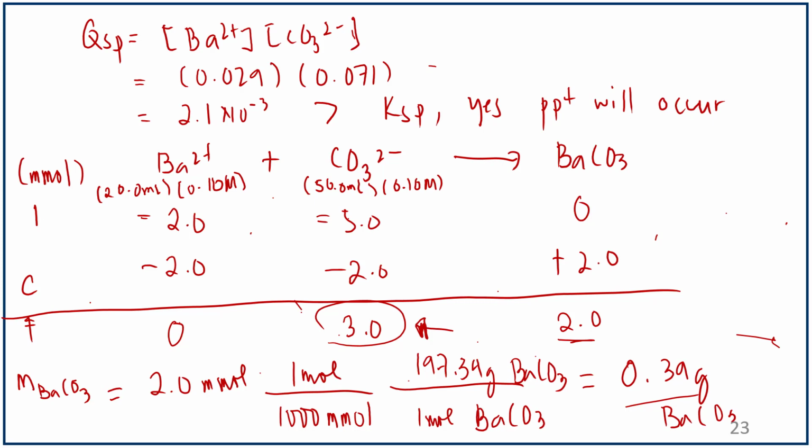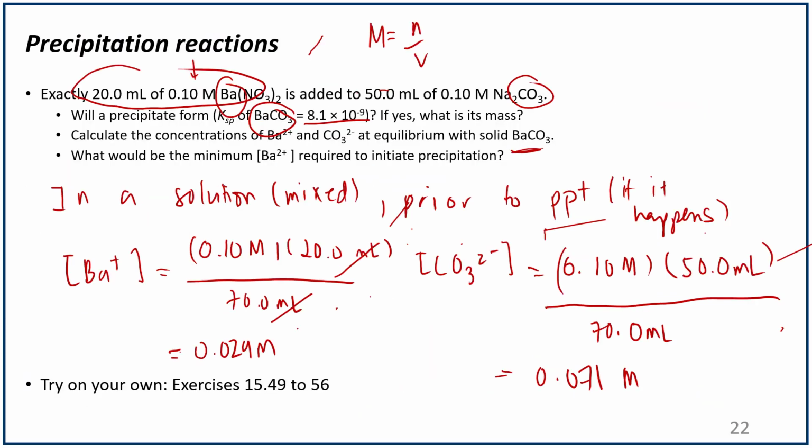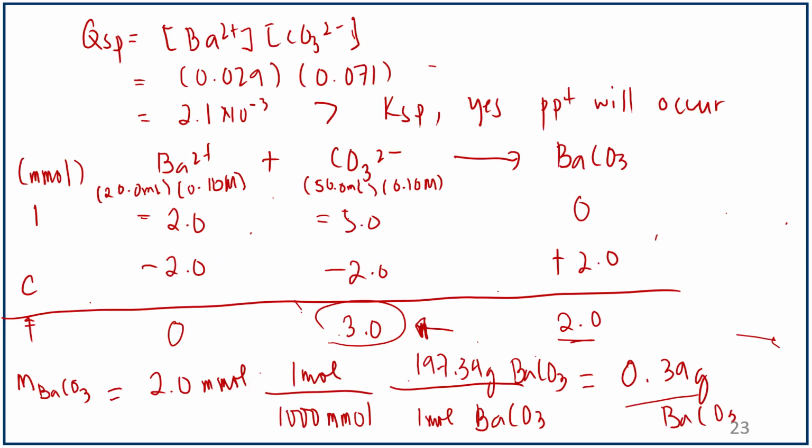So basically what I'm trying to say here is we're going to write an ICE table to determine the concentrations of barium and carbonate in equilibrium, keeping in mind that we have some amount of carbonate.